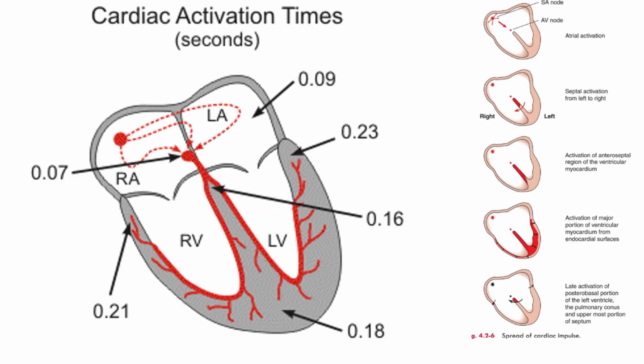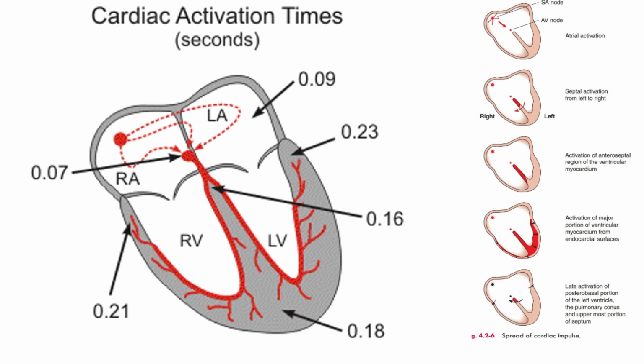Now the cardiac activation time. First, there is atrial activation from SA node to AV node. This cardiac activation time shows, in seconds, the atrial activation from SA node to AV node. The septal activation is from left to right.